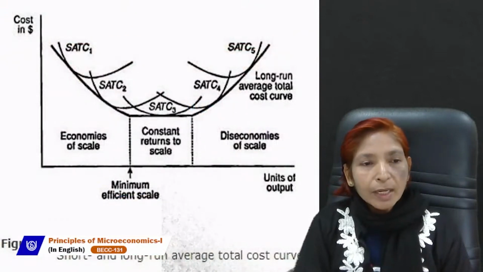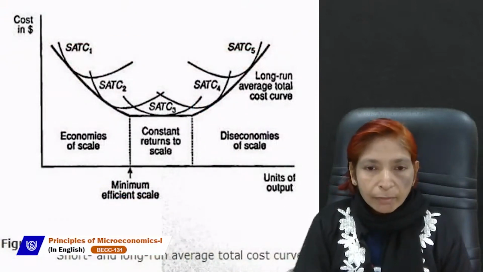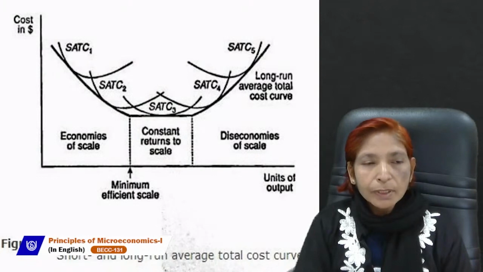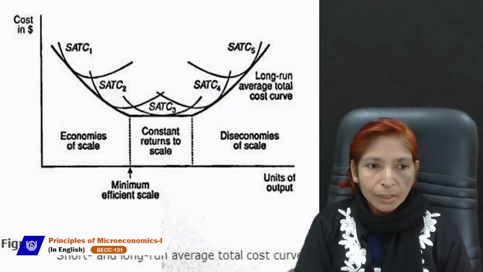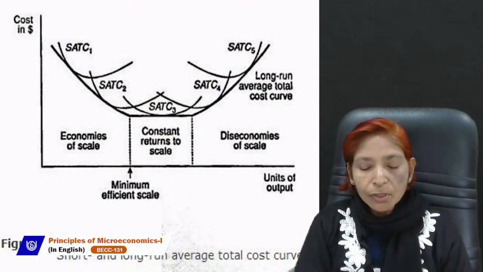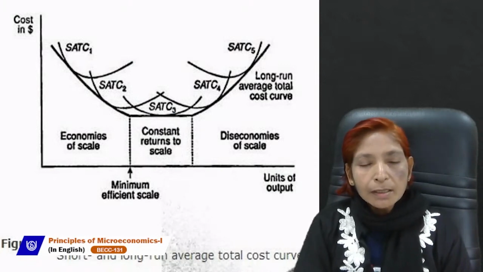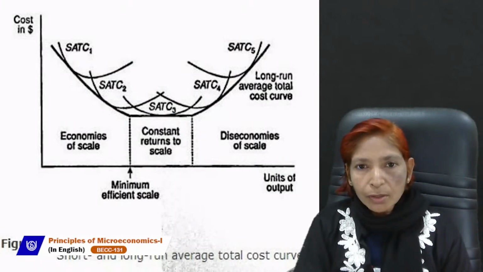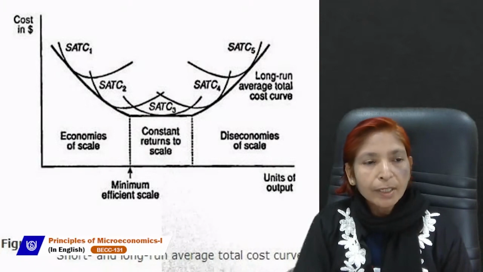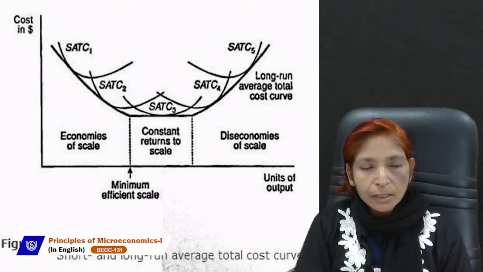Next, a very important thing: derivation of the long run cost curve with the help of short run cost curves. As you know, there are two types of cost, short run cost and long run cost. The LAC curve can also be derived with the help of short run cost curves. Assume different short run total cost curves, SATC1, SATC2, SATC3, SATC4, SATC5, which are always U-shaped.